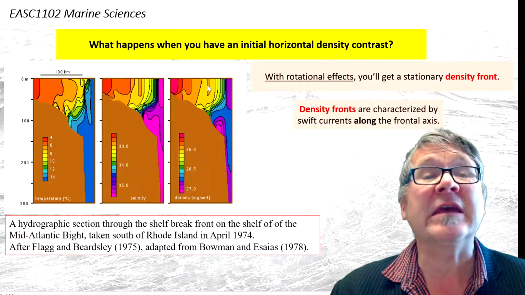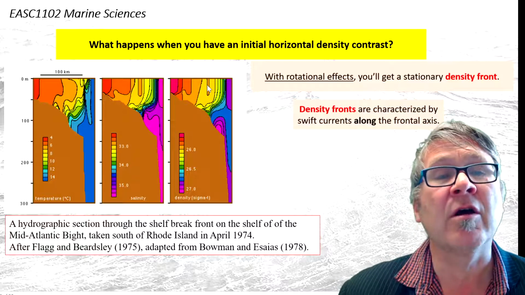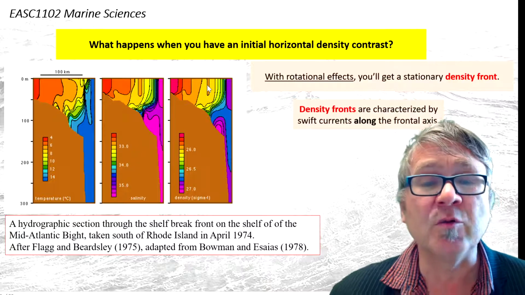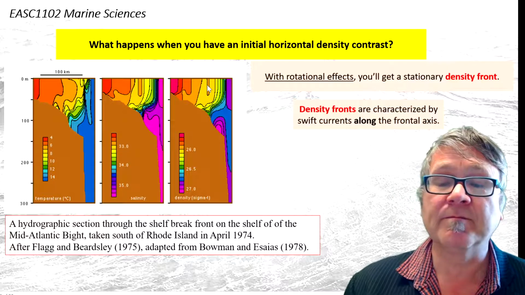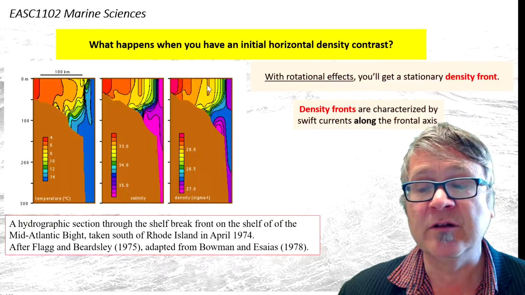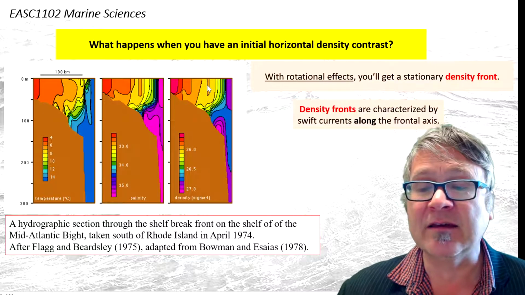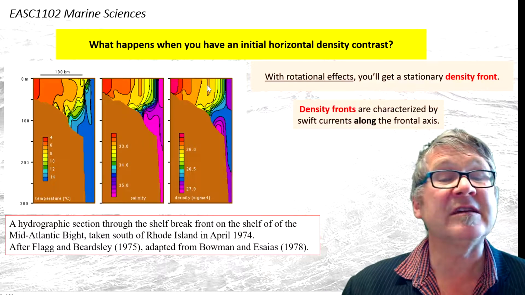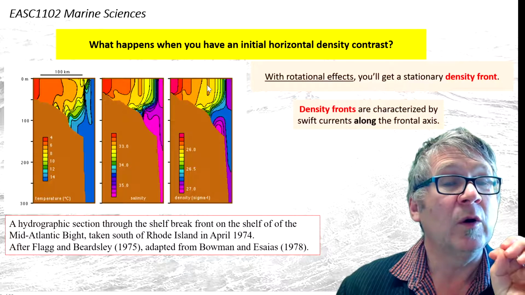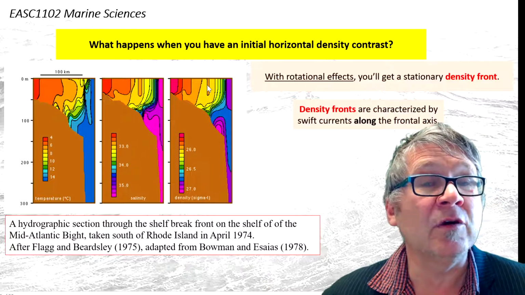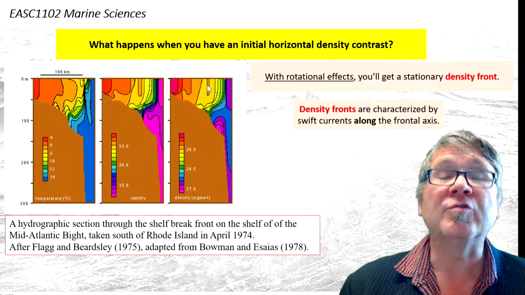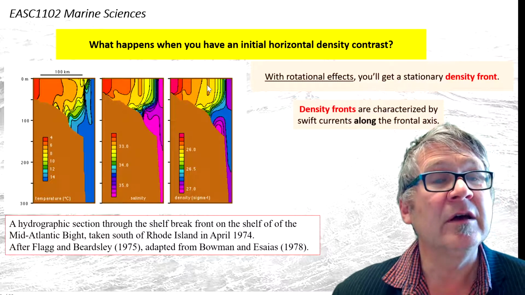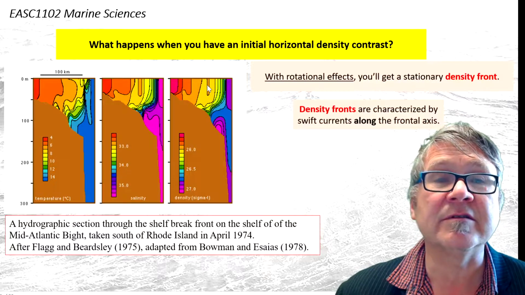And under the influence of the Earth rotation, it creates a current which actually runs along the frontal axis. So it runs along the shelf break. This is one example from the shelf of the Mid-Atlantic Bight, taken south of Rhode Island in April 1974. So this is what you get in the oceans, and actually how you create horizontal currents in the ocean. And it's associated with horizontal density differences.